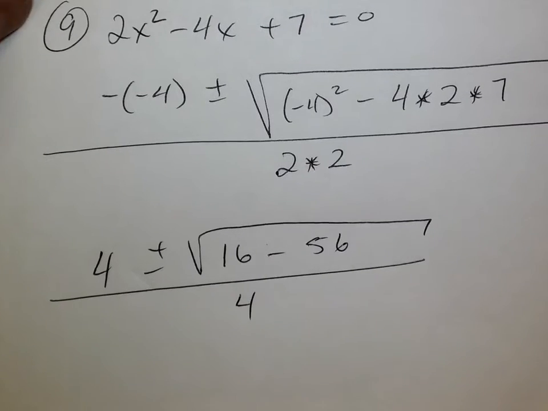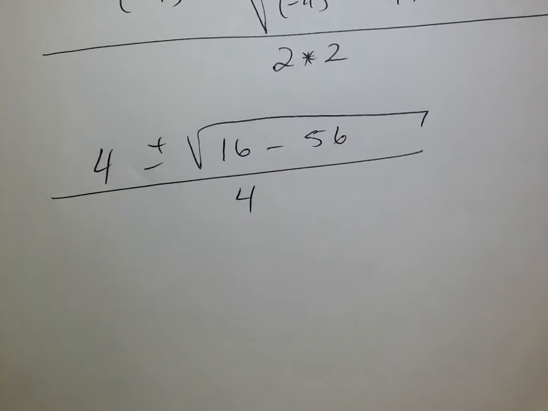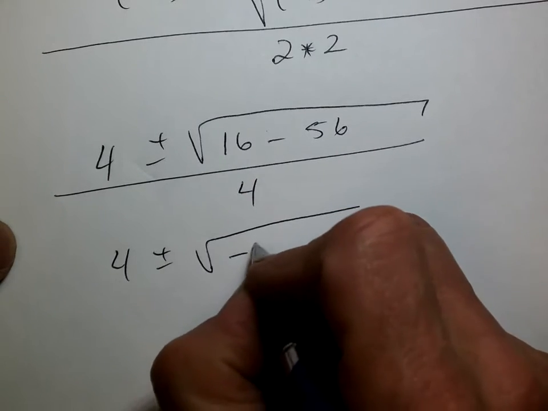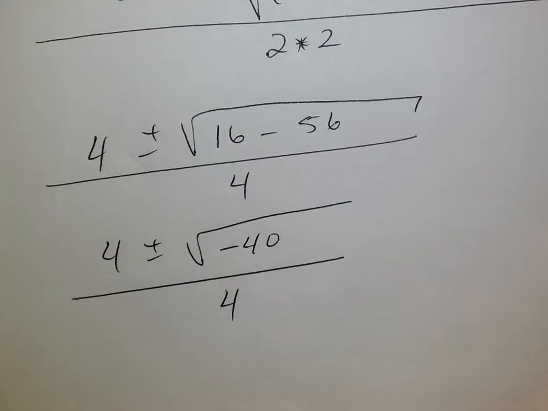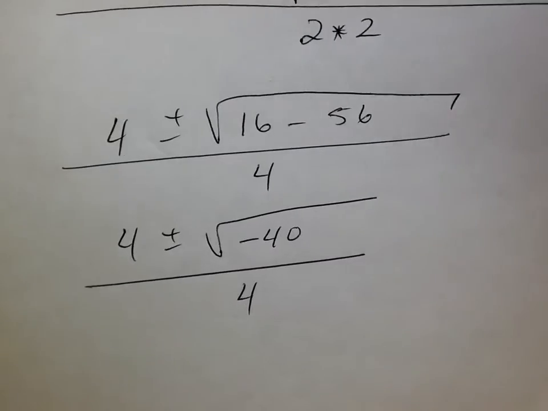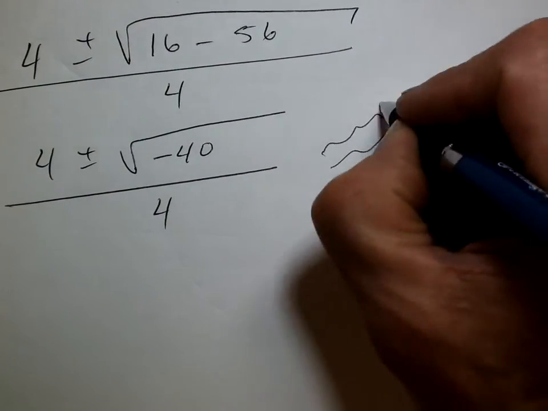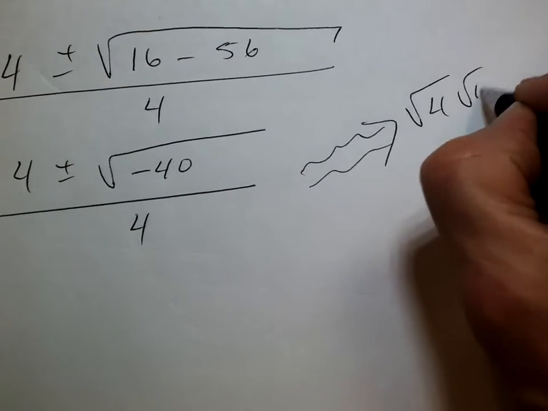I think we're going to have an i. We're going to have 4 plus or minus the square root of negative 40 over 4. A little side work. I'm going to have the square root of 4, square root of 10, square root of negative 1.